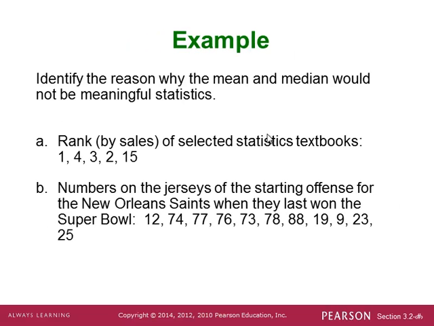Okay? And also, is it appropriate for you to use mean or median if your numbers are actually qualitative data? For example, the ranking of these textbooks doesn't make sense to have an average ranking. Okay? And it doesn't make sense to have an average jersey number. Okay?